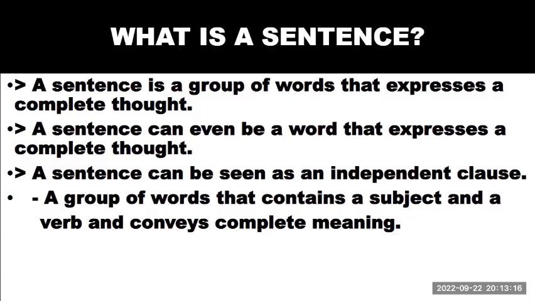Most of the time, we look at a sentence as an independent clause. And in most cases, we take the structure of the independent clause to examine the structure of a sentence in English. And an independent clause is a group of words that contains a subject and a verb and conveys complete meaning.